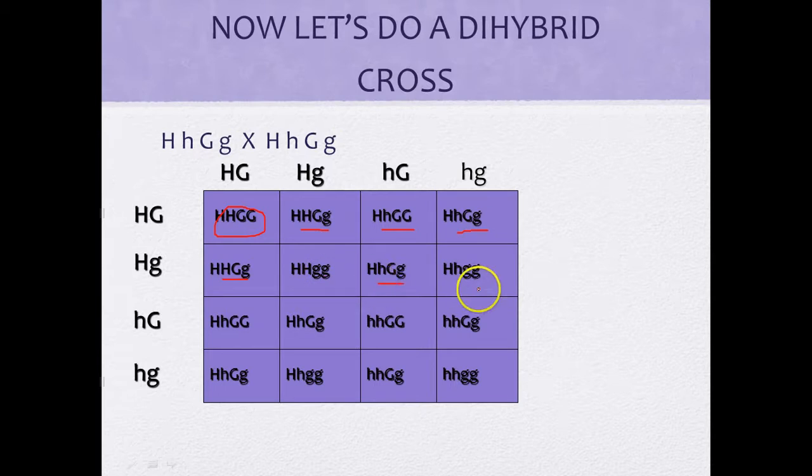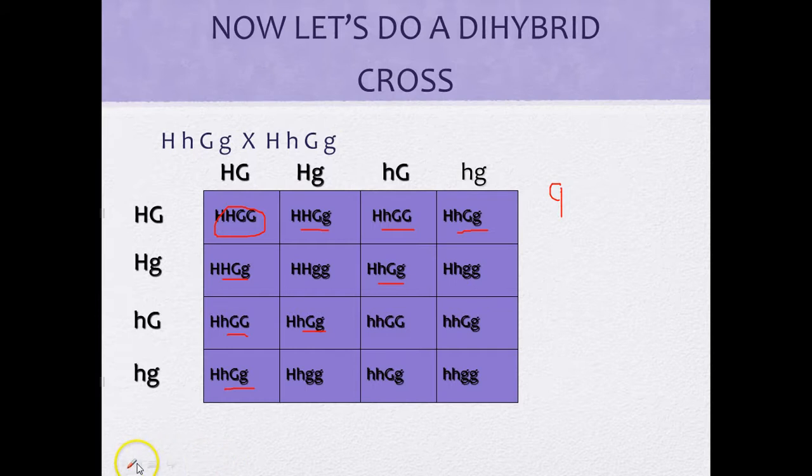So we have 6. That would be huge blue. This would be huge and green. 7, 8, not that one, not that one, 9, not that one, not that one, not that one. So we have 9 that would show both dominant traits.